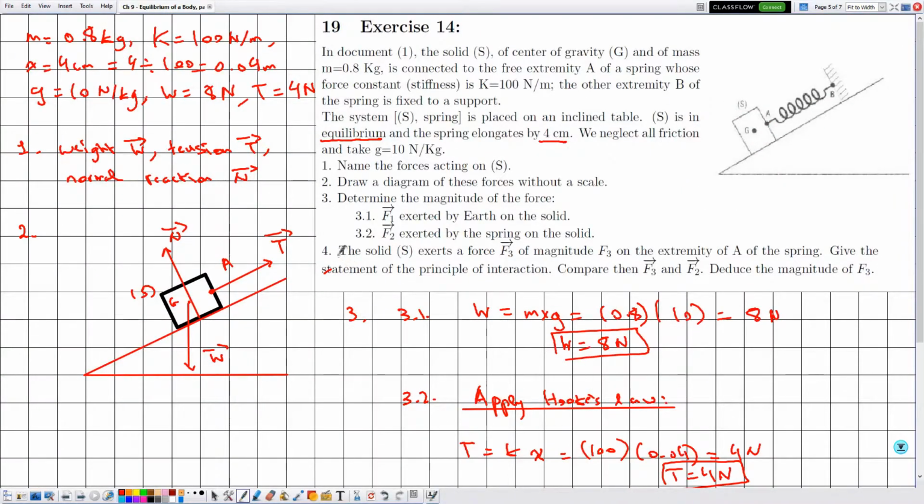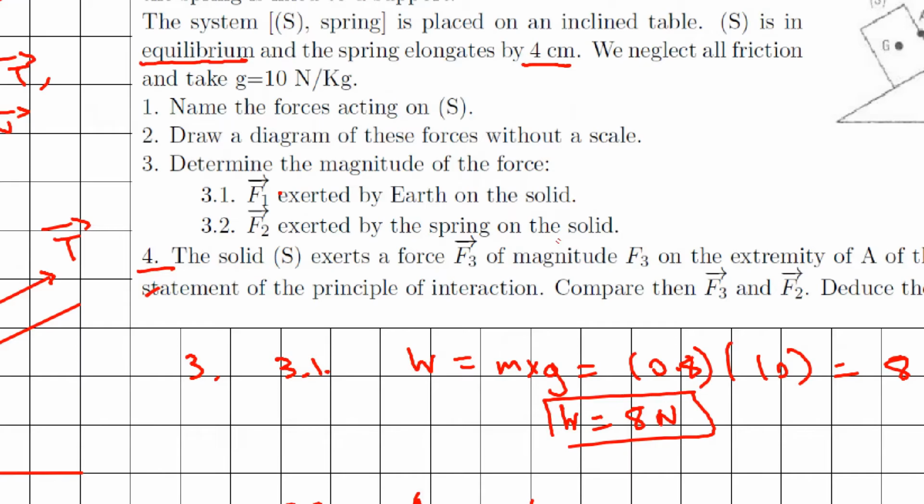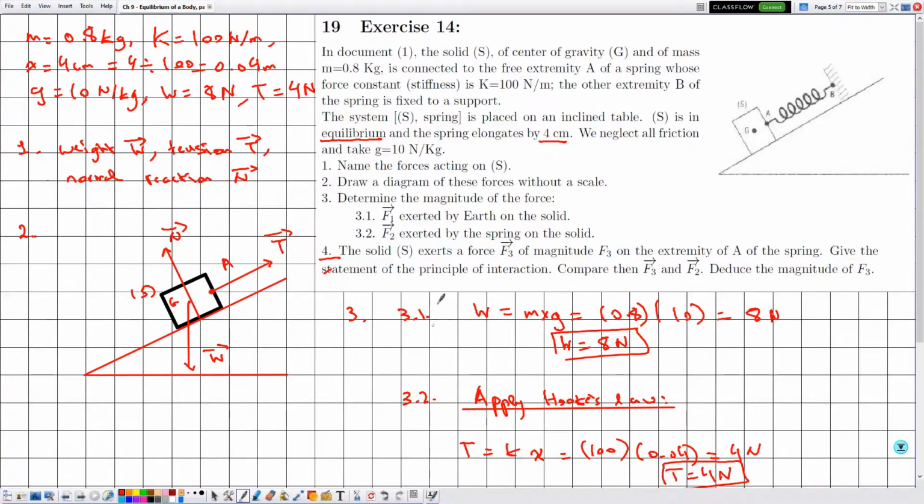Okay, before we refer to part 4, let me make something here. Now in number 3 they told us to determine the magnitude of the force F1 exerted by the earth on the solid. So here let me say that F1, which is the weight, is equal to 80 newtons.